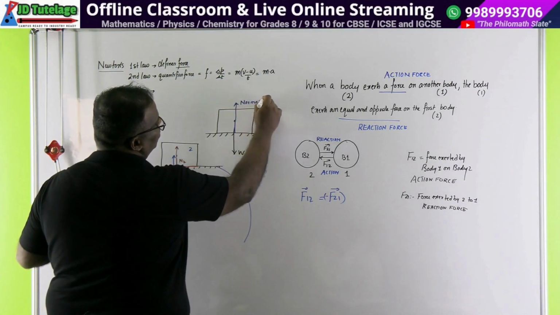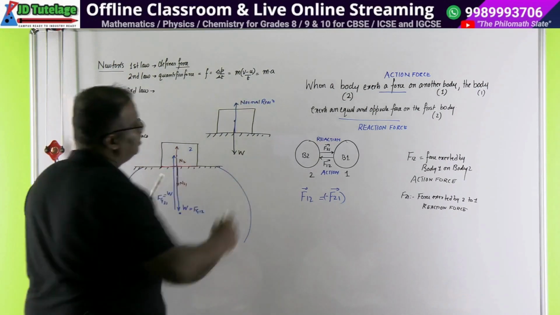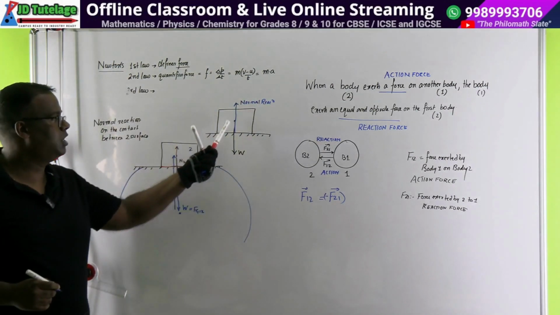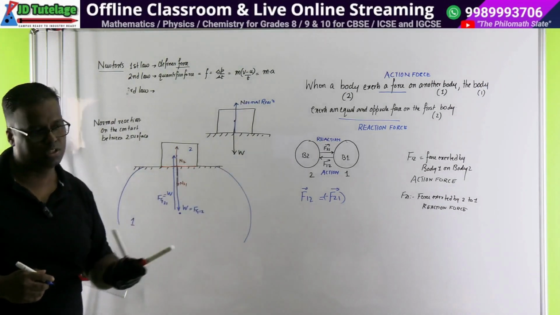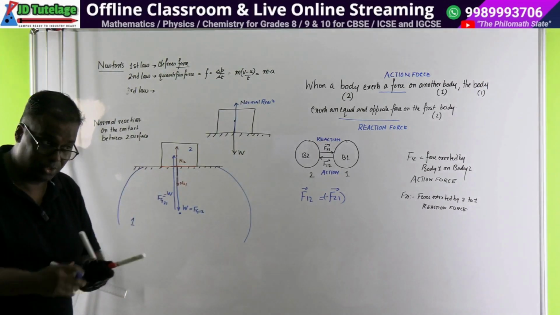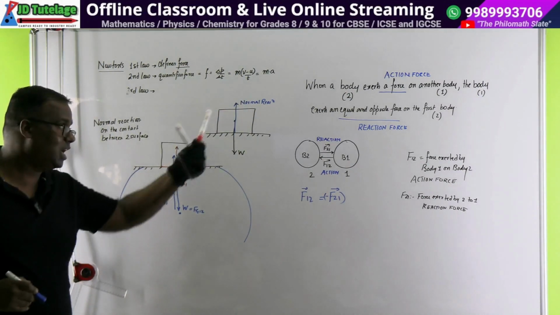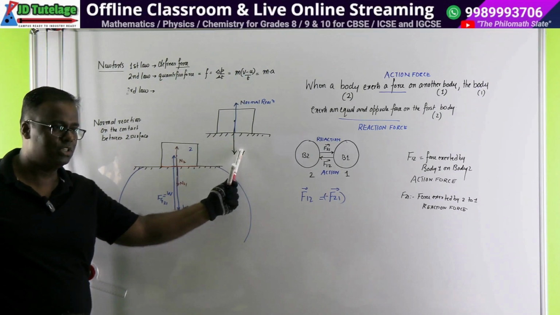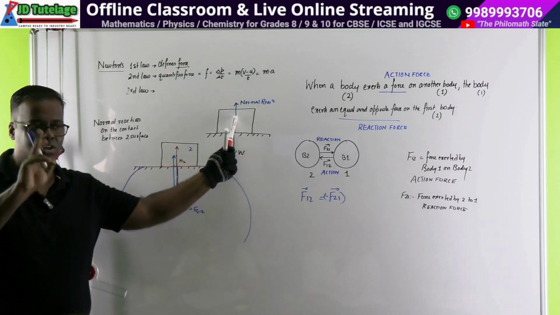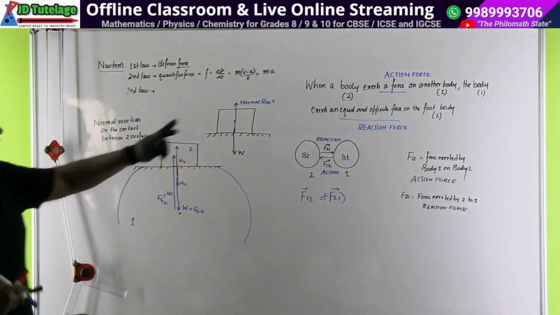And half the children will say, this body is exerting this force and this body is exerting this force, Newton's third law. Newton's third law says both the action and reaction should be of the same nature. If this is a gravitational force as an action, the reaction is not a gravitational force. So what is the exact explanation?